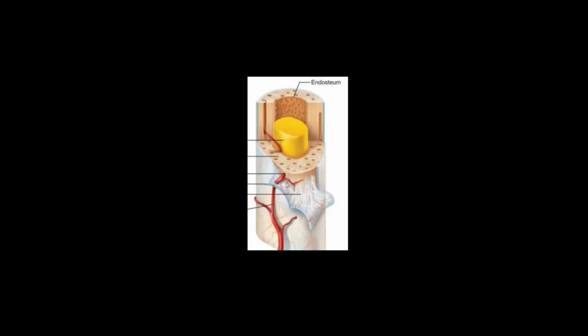Here in this picture, we can see a longitudinal section through a long bone. We have the medullary cavity, and we can see the endosteum which lines the medullary cavity, and we can also see the yellow marrow. It's yellow in this picture and it serves as fat storage. Also here we can see this transparent fibrous tissue, and this is the periosteum.